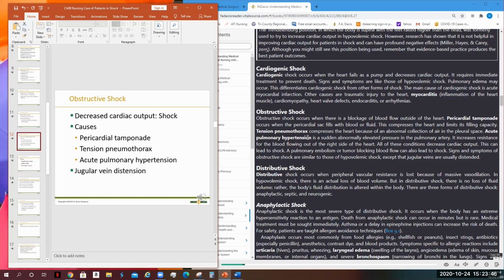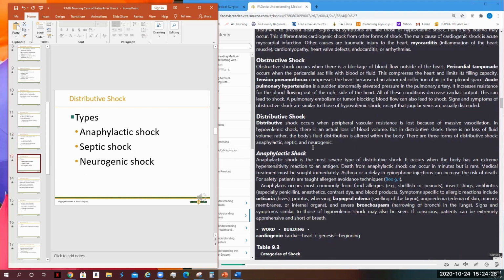Acute pulmonary hypertension is a sudden, abnormally elevated pressure in the pulmonary artery. It increases resistance for blood flowing out of the right side of the heart. All of these conditions decrease cardiac output. This can lead to shock. A pulmonary embolism or tumor blocking blood flow can also lead to shock. Signs and symptoms of obstructive shock are similar to those of hypovolemic shock, except that the jugular veins are usually distended.